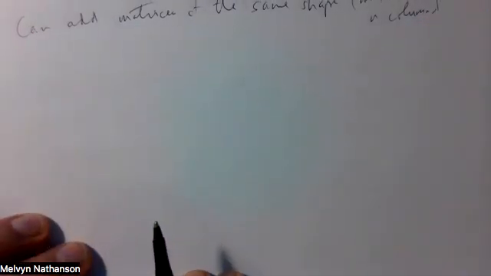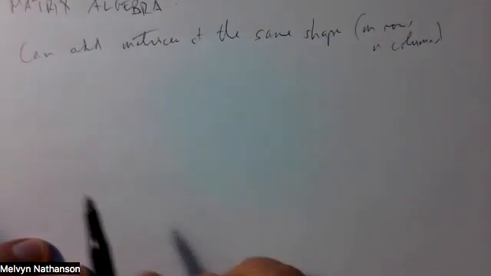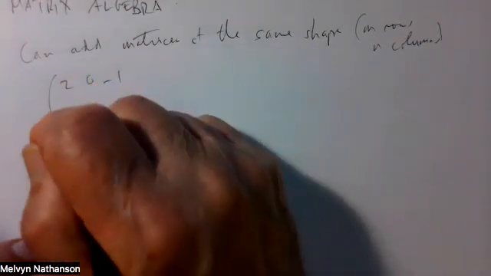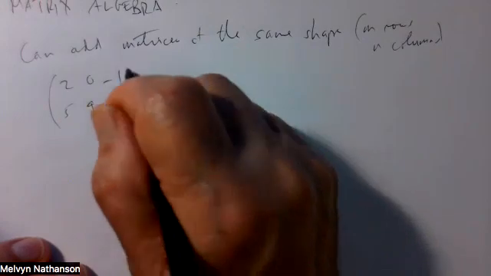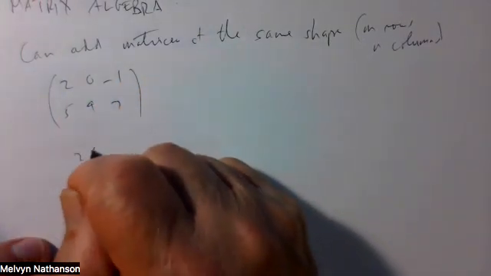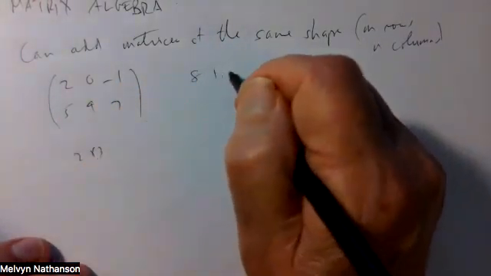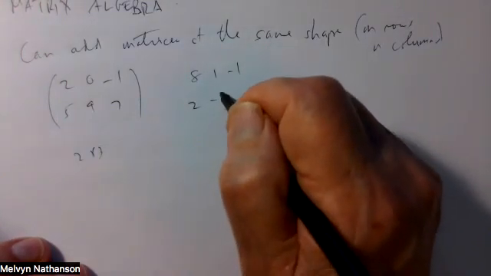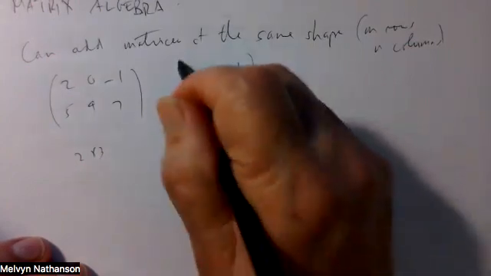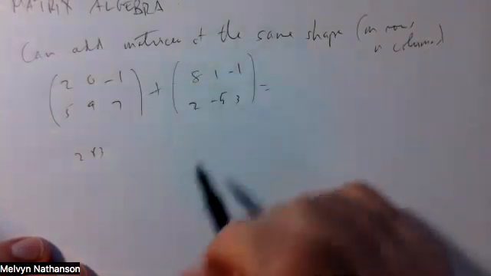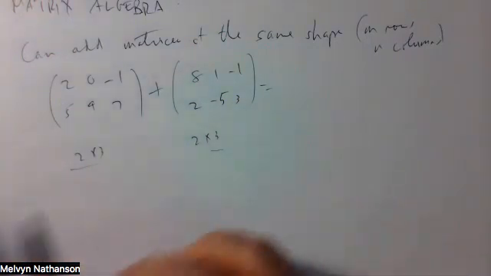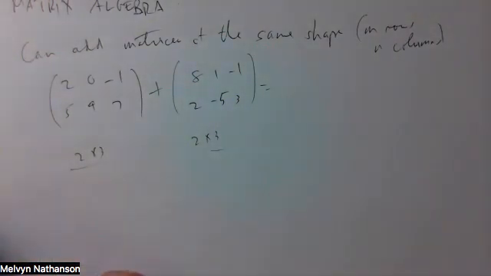You cannot add matrices of different shapes. But if you have, for example, 2, 0, minus 1, 5, 4, 7, so this is a 2 by 3 matrix, and 8, 1, minus 1, 2, minus 5, 3, you add them. They're both 2 by 3 matrices. They have the same shape. If matrices do not have the same shape, you cannot add them.